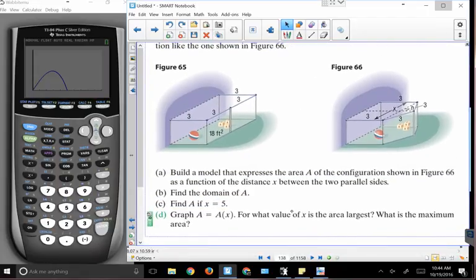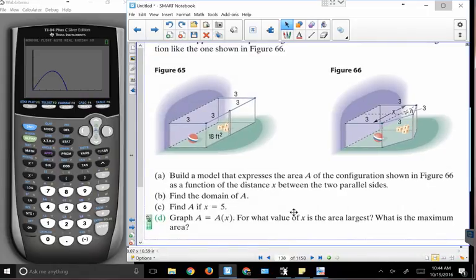So what we need to do is we need to build a model that expresses the area of the configuration in 66 as a function of the distance x between the two parallel sides. Okay? So, let's start off with this. Now, there are really going to be two different components of this.